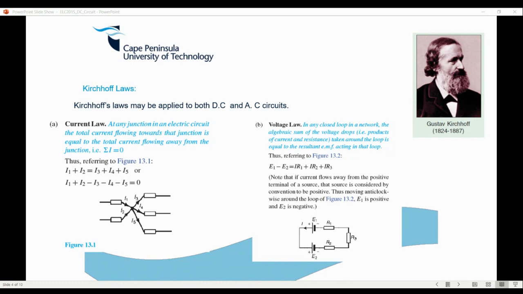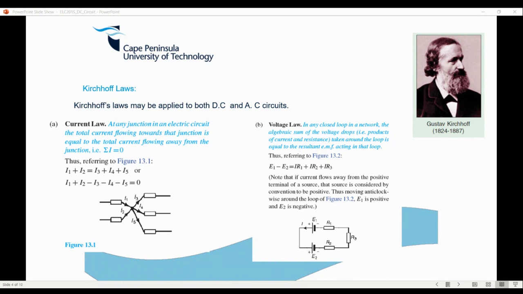Second is the voltage law. In any closed loop in a network, the algebraic sum of the voltage drops, the products of current and resistance, taken around a loop is equal to the resultant EMF. That seems a bit tricky, but if we look at the figure at the bottom, we have to follow the flow.